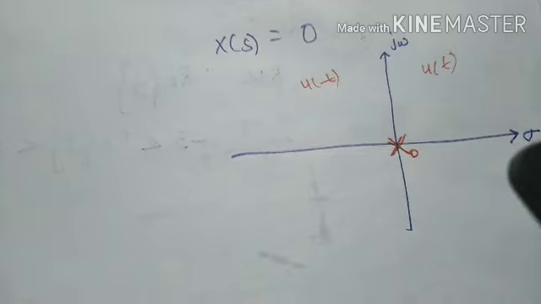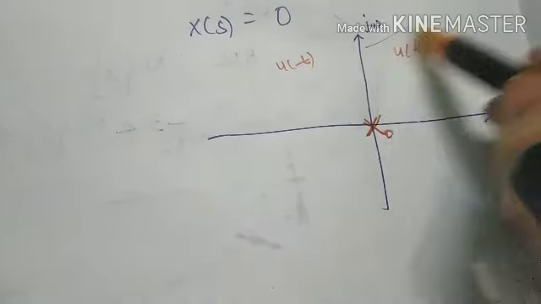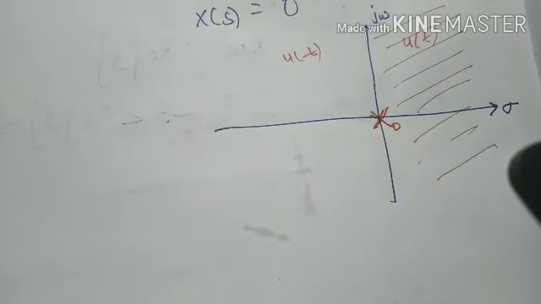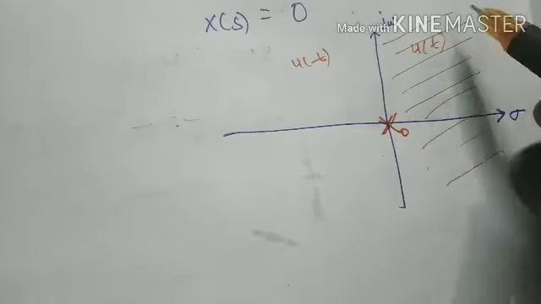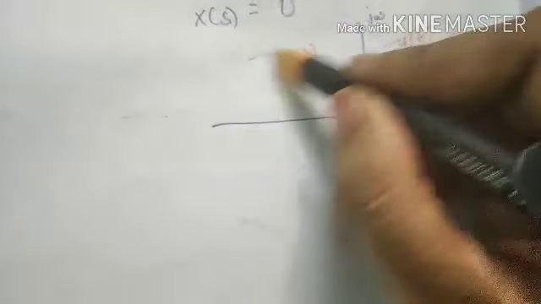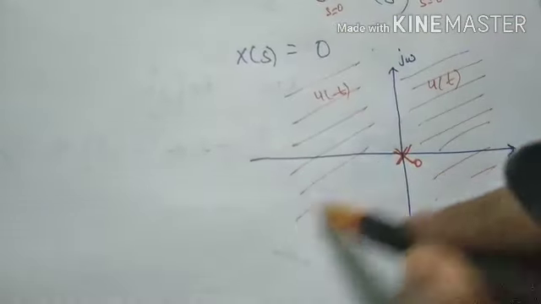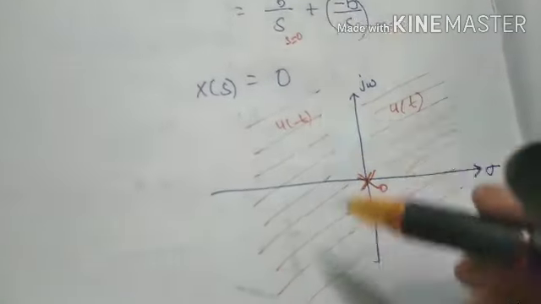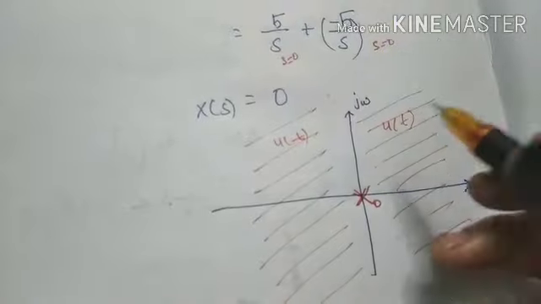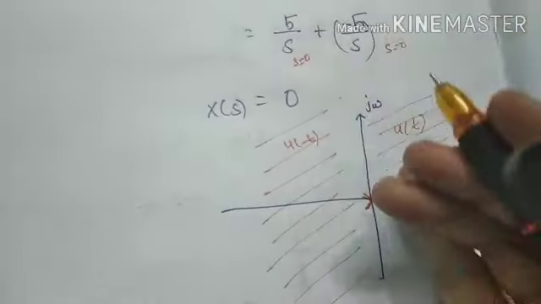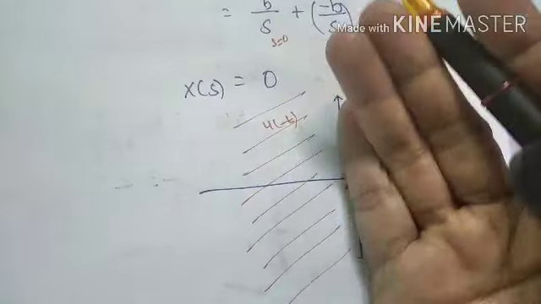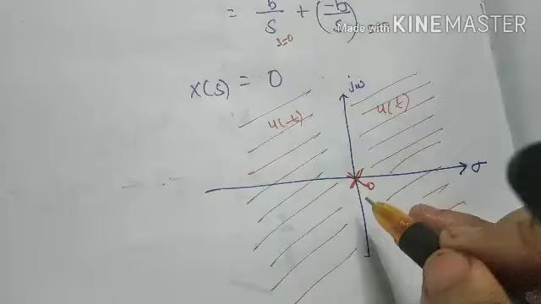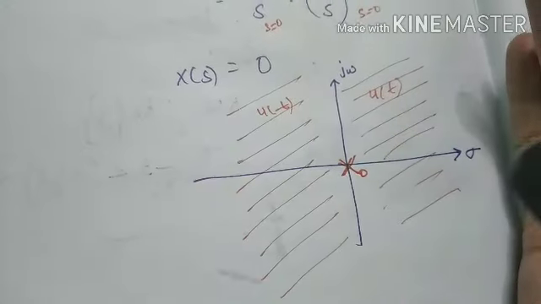Now our region of convergence for u of t will be in this direction. This is the region of convergence for the u of t signal, that is 5 into u of t. This is the region of convergence for the 5 into u of minus t, that is minus 5 by s. Why? Because it is a left sided signal, the region of convergence is on the left side of the pole. For a right sided signal, the region of convergence is on the right side of the pole.